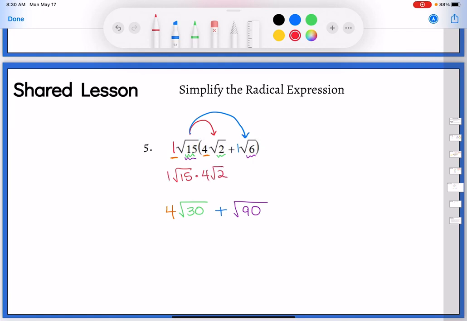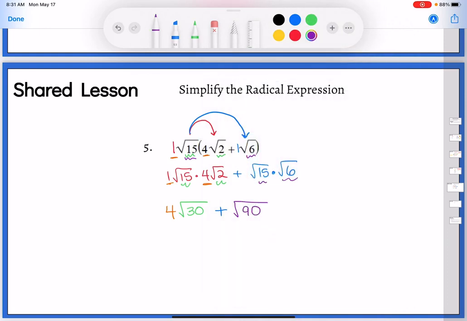Or 1 square root of 15 times 4 radical 2. And then I did radical 15 times radical 6. Those were the 2 distributing I did that got me to my answer of 4 radical 30, right, plus radical 90.